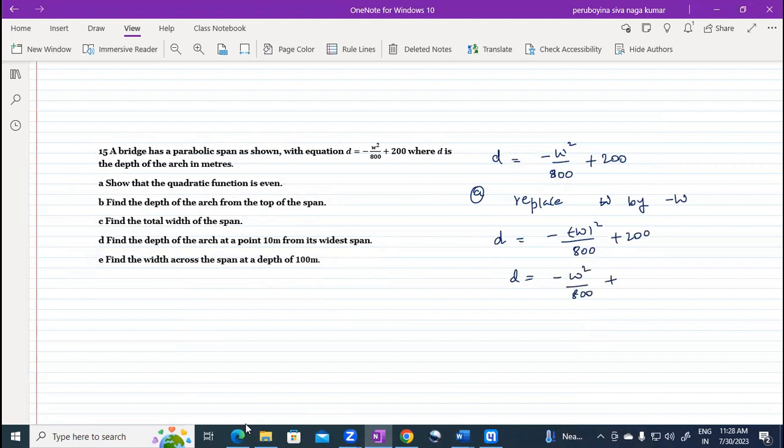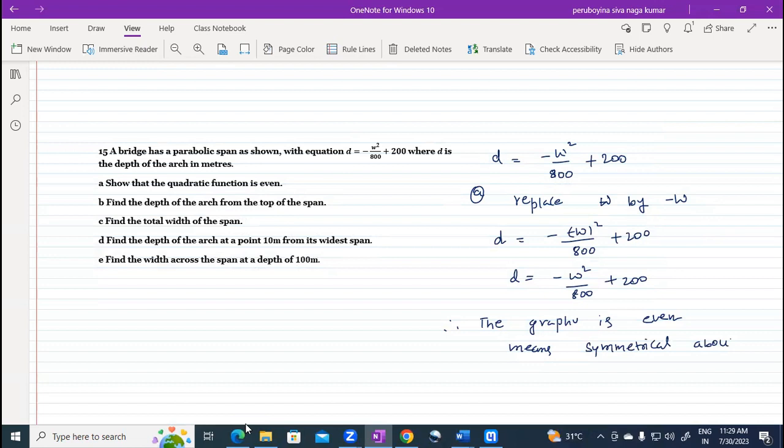So it is even. Therefore, the graph is even, meaning symmetrical about the y-axis. That is the first part.